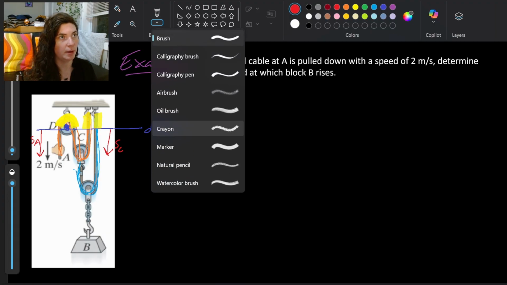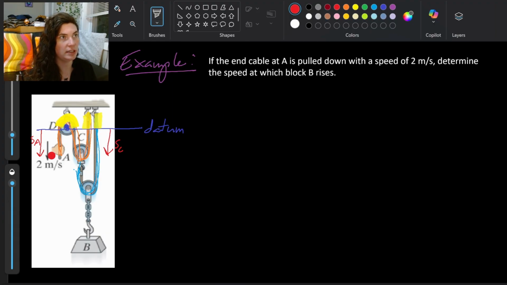And so each of these lengths of rope, let me get my highlighter back out. Each of these lengths of rope from the datum down to the center of C, ones that I've kind of highlighted in red here, these are changing. This SC is changing. Both of them have the length of SC, but it's changing because pulley C is moving up. But notice this portion down here, right, this cradle that it's sitting in, we're not actually going to have to account for this length because the length here is not changing.